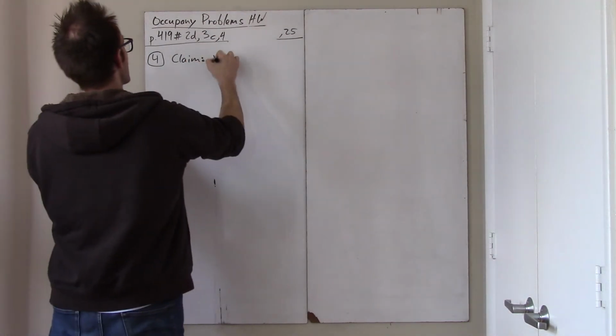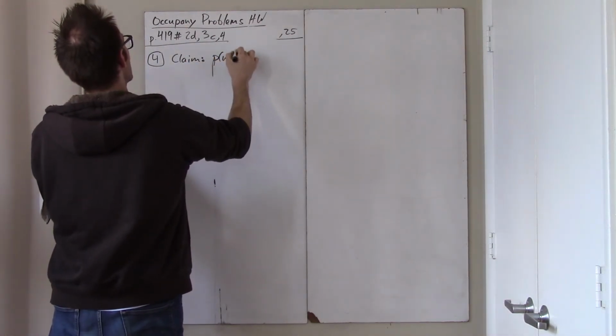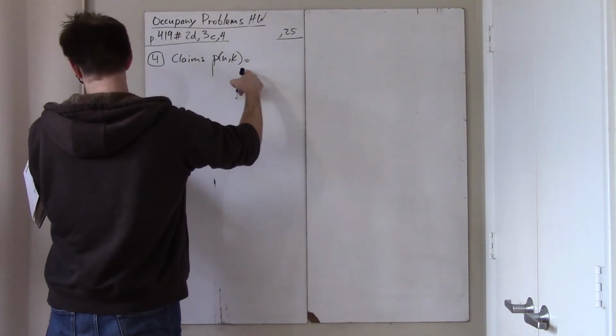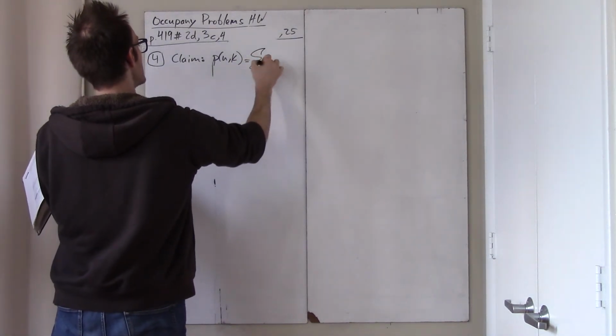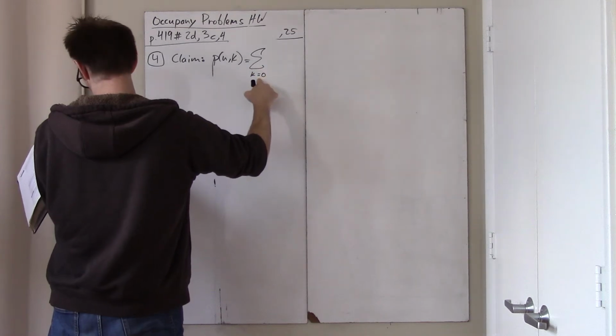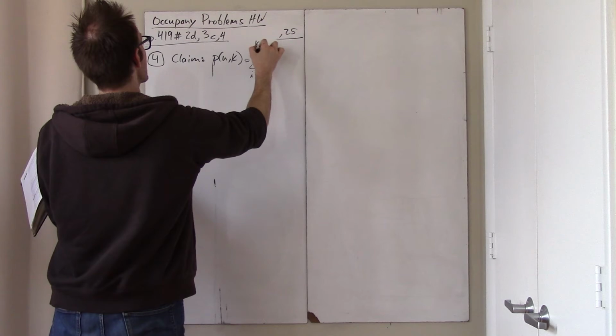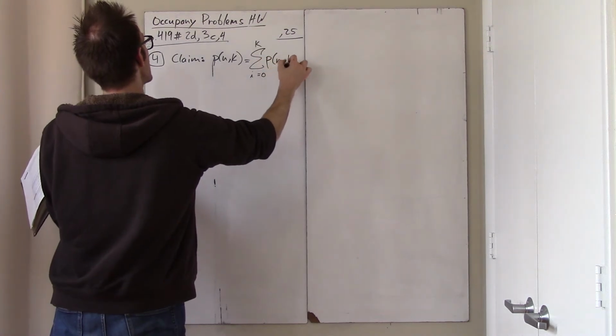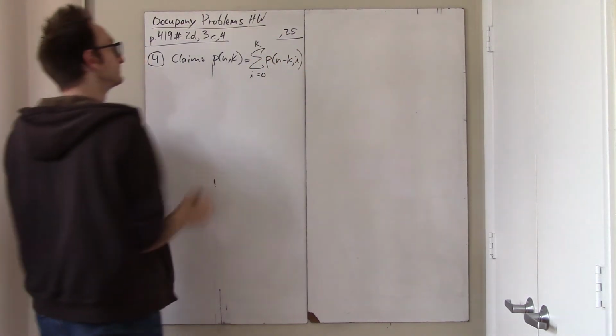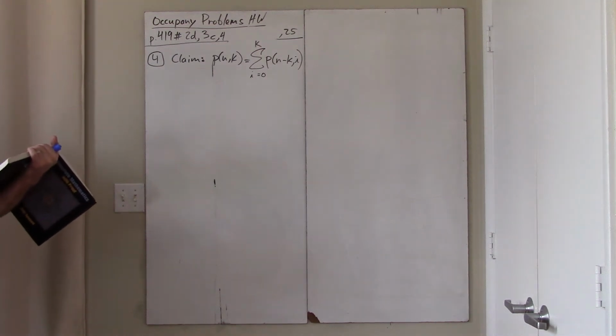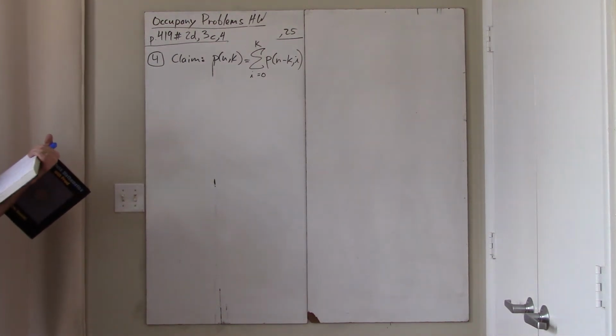The proof is that P(n,k) is the sum from i equals 0 to k of P(n minus k, i), where k is something, okay, great.